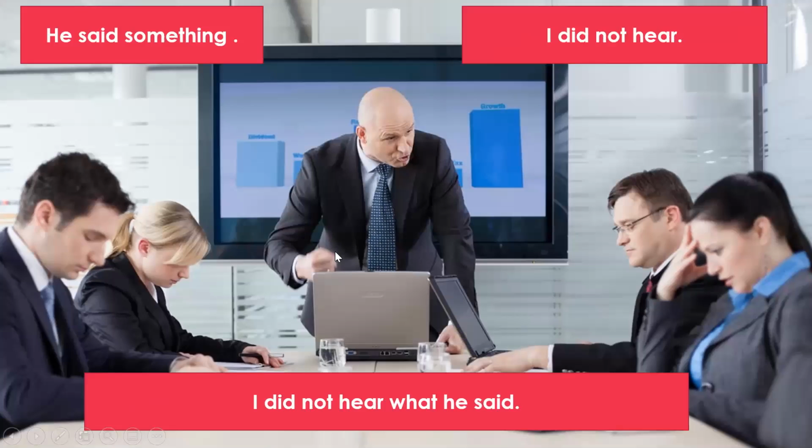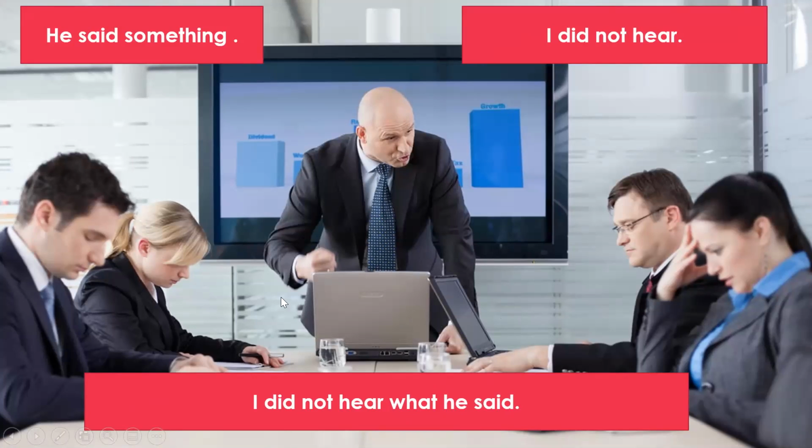He said something. I did not hear. I did not hear what he said. So this something will be removed. I did not hear what he said. The meaning remains the same. And we use a question word here to combine the two sentences. My subordinate clause is what he said. I did not hear.